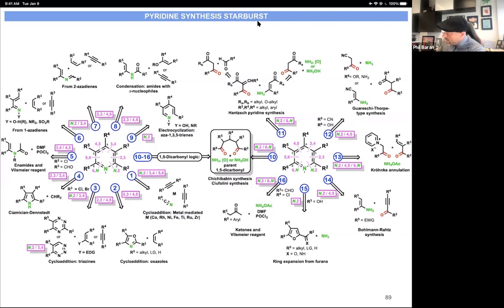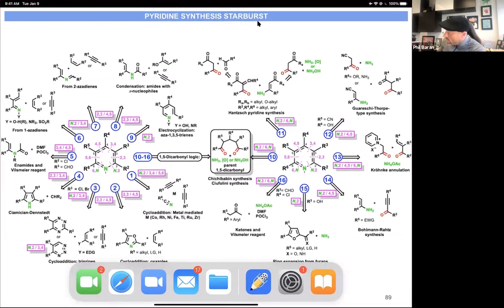And we've organized it in this way because it's a lot easier to understand, and it is pragmatically an easier way to reference and think about how to make such compounds and where you derive your building blocks. So we're not going to cover all of the syntheses of pyridines today, obviously.